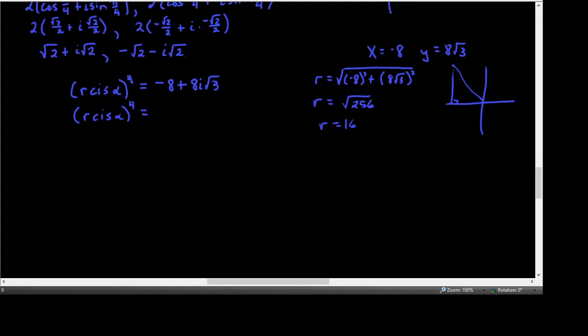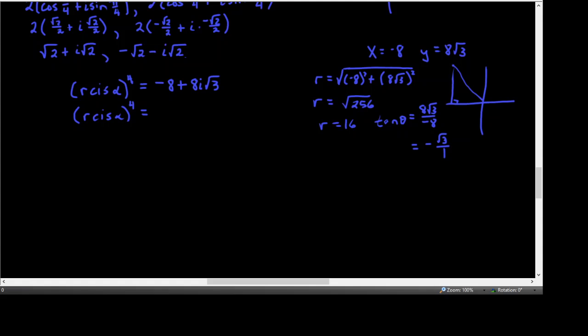Okay, and then the tangent of theta is y over x, which is negative square root of 3 over 1. So picturing that, I'm going to use the picture up here. It wasn't drawn to scale, and I kind of left it that way on purpose.